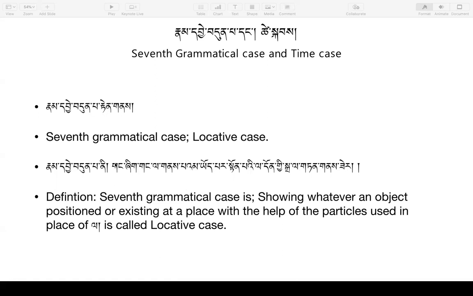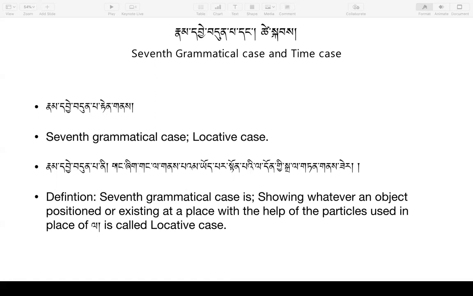Up to this point, we have studied the first grammatical case, the second, the fourth, the subgroup of the second, and now the seventh and its subgroup. So out of the 8 grammatical cases, we are already covering 4 here.